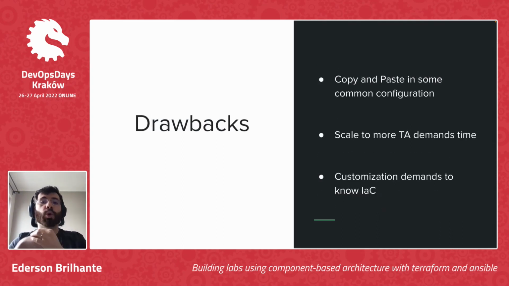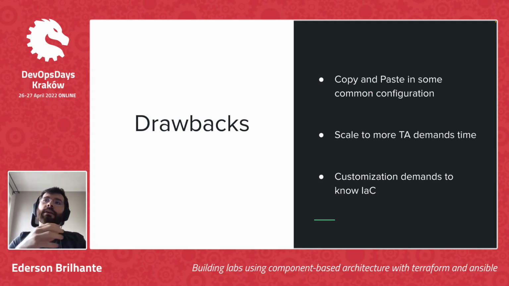The problem: we have small teams, and they should be more focused on the TA development rather than on creating infra as code or labs. Also, by putting infra as code per TA, we have a lot of copy and paste because there are some common configurations.